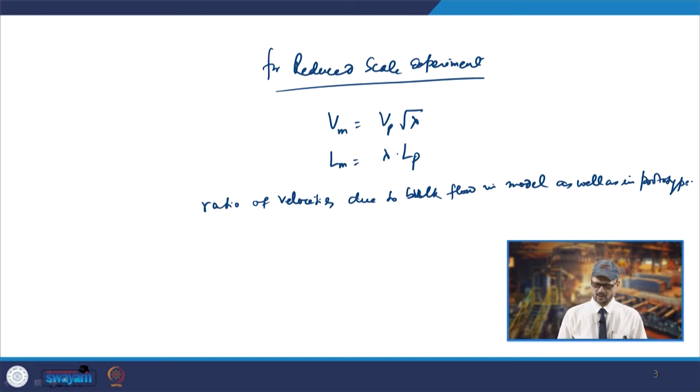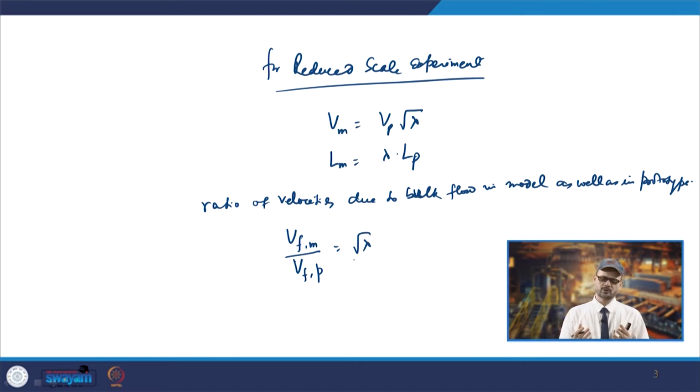So, for that, if you talk about the liquid bulk flow, you will have VFM upon VFP, and as we know, the velocity will have the ratio root lambda.